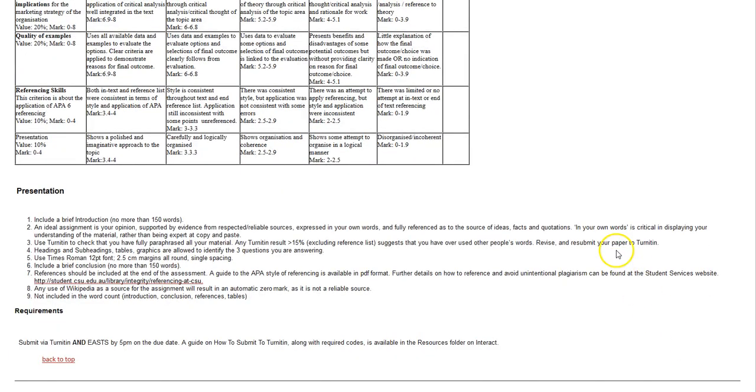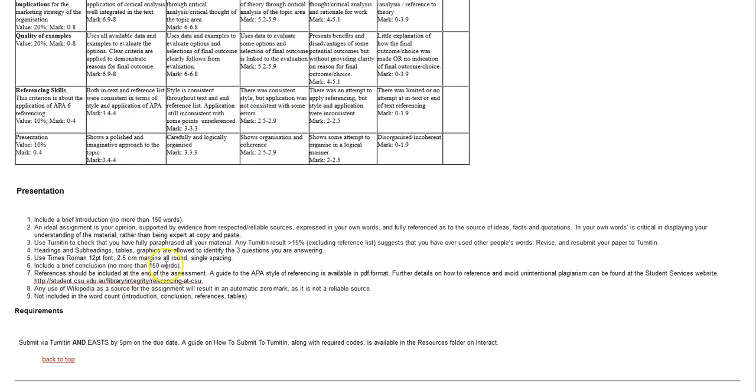In terms of how you present this assessment, introduction, 150 words. It's the same procedure that applies to assignment 2. So you can use headings, you can use subheadings. Make sure that you use Times Roman 12-point font.